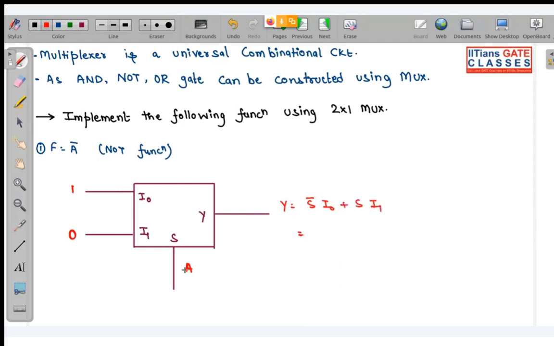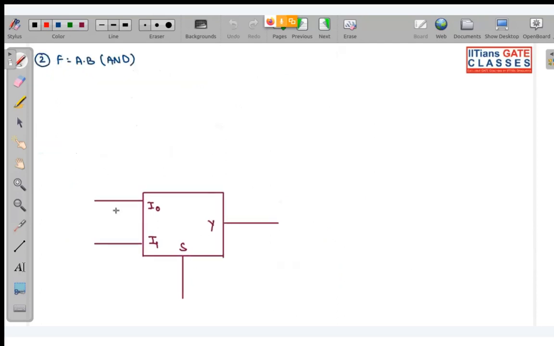S is equal to A, so this will be A complement into I0, and I0 I have already selected as 1. And S means A dot I1, and I1 is already 0. So Y comes out to be A complement. This is how you implement a NOT gate using a 2 cross 1 mux.